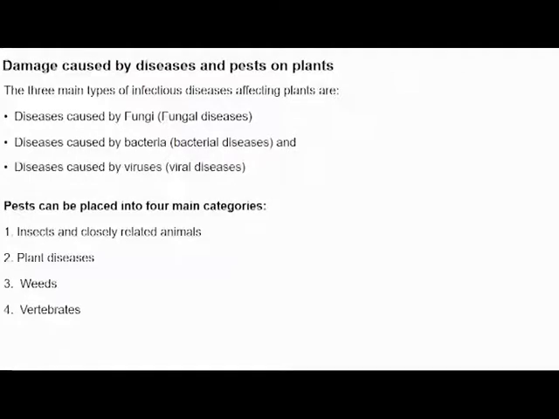Now let us also look at the damage caused by diseases and pests on plants. There are three main types of infectious disease that mostly affect plants. These are diseases caused by fungi, which are fungal diseases, diseases caused by bacteria, referred to as bacterial diseases, or diseases caused by viruses, which are called viral diseases.